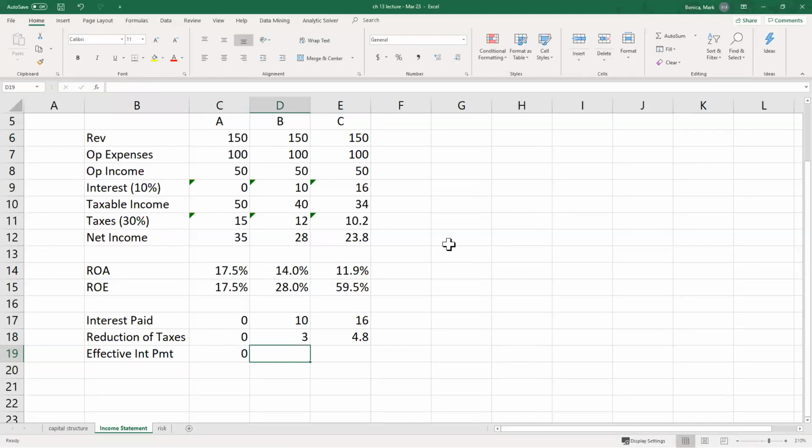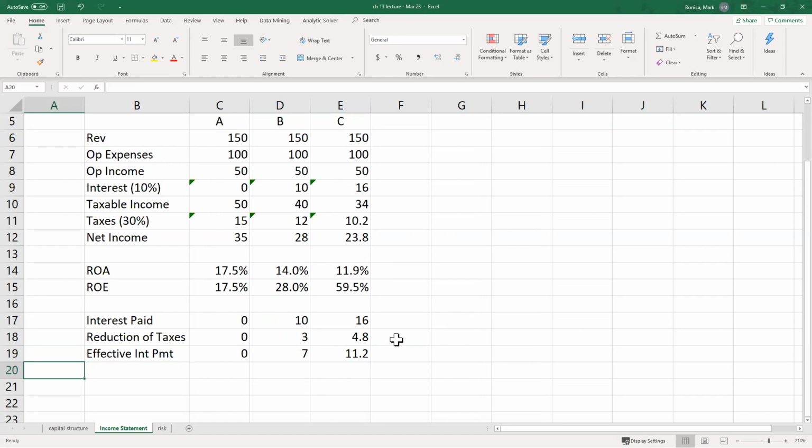And in B, we paid 10,000 in interest, but we reduced our taxes by 3,000. We actually paid effectively 7,000. And then here we paid 16,000, but effectively we reduced that by the fact that we reduced our taxes by 4,800.